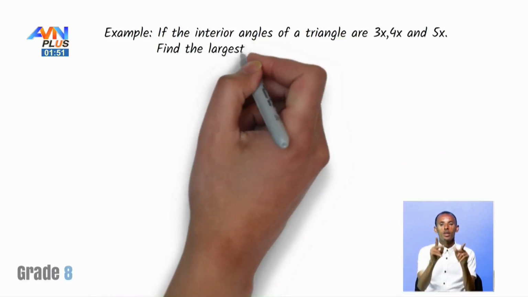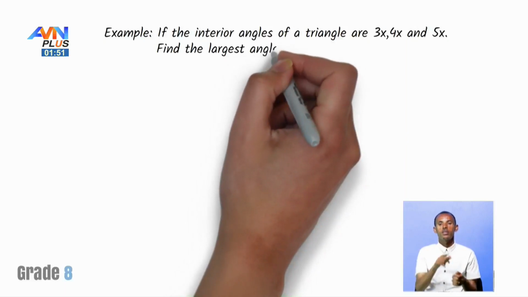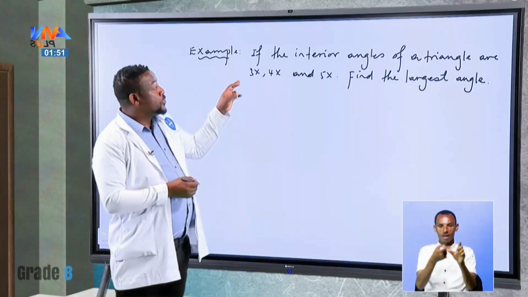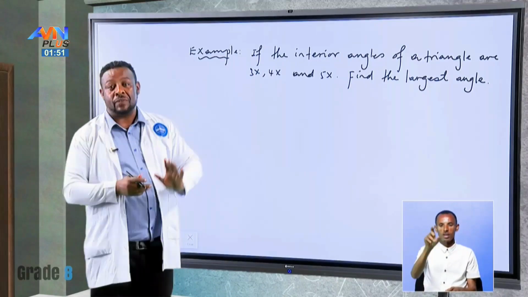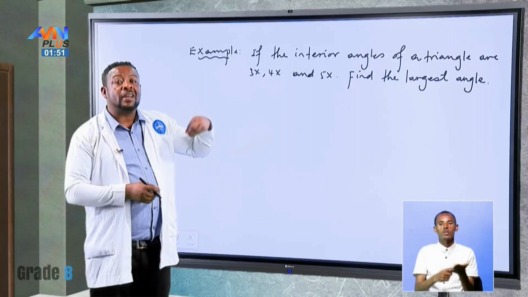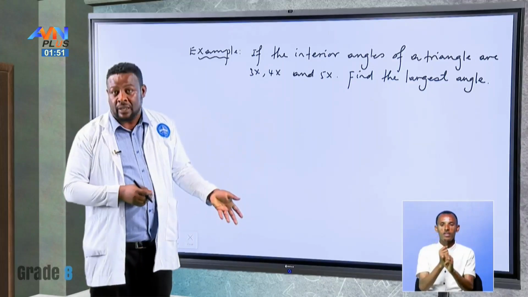Okay, here there is a certain triangle whose interior angles are 3x, 4x, and 5x. So based on this information, we are asked to find the largest angle, okay?